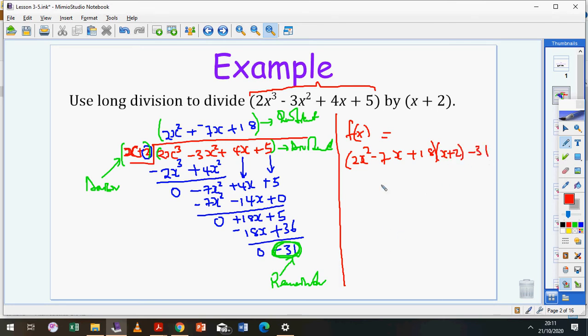That's one way I can write this whole expression. And if you expand this out, it will give you the same f(x) again.